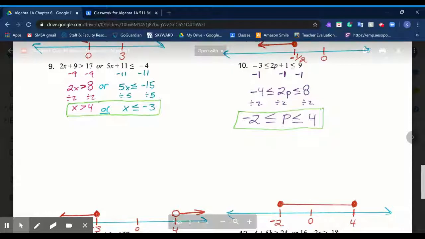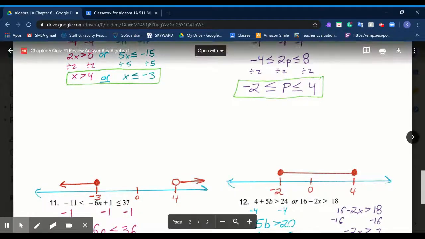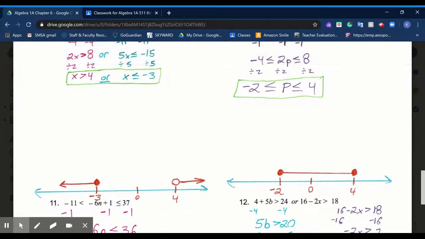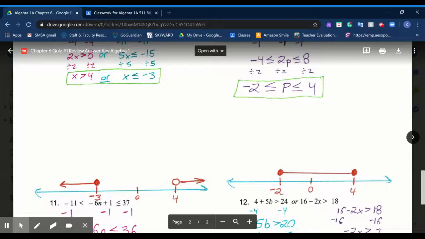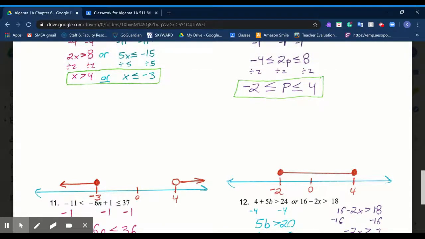So then, because it's an or statement, I know my arrows are going opposite directions. So anytime you have an or statement, arrows go the opposite way. First one, -3 filled in, less than. Other one, at the 4 with an open circle, greater than.